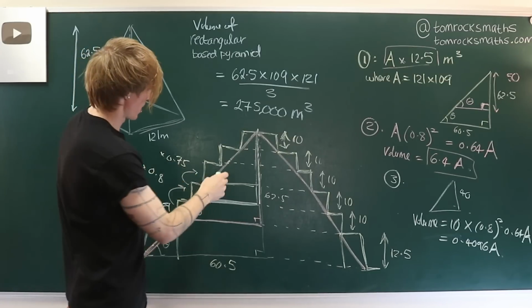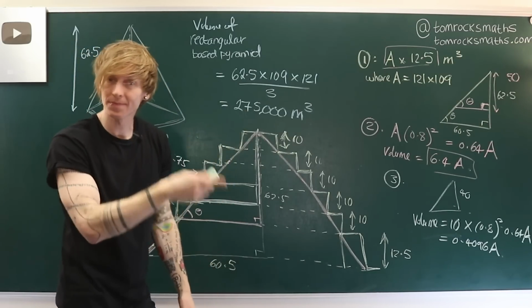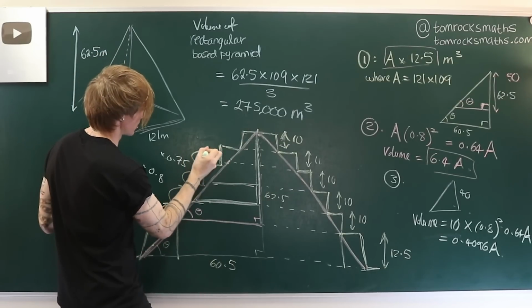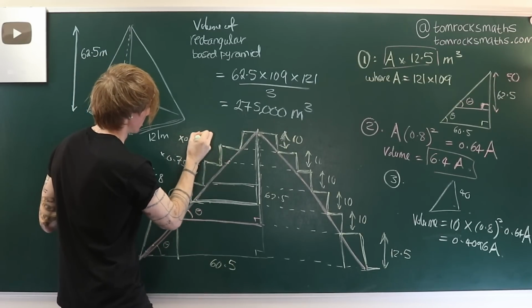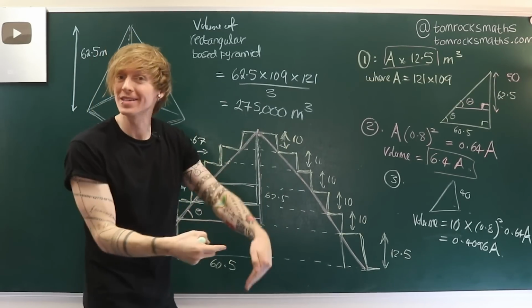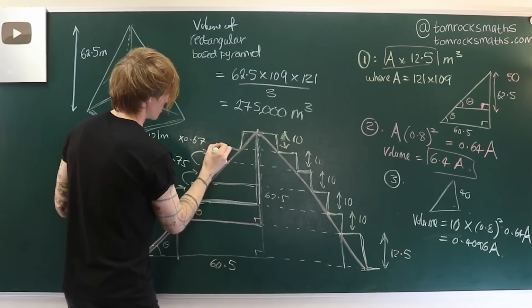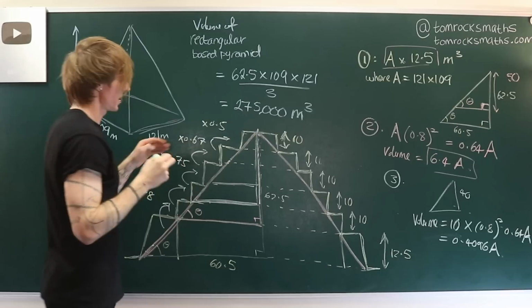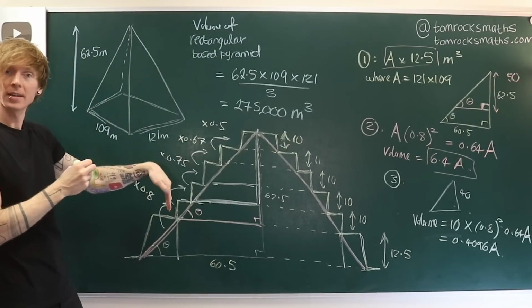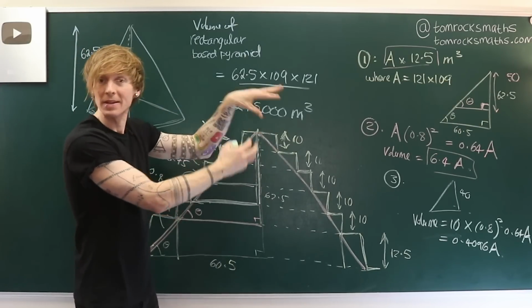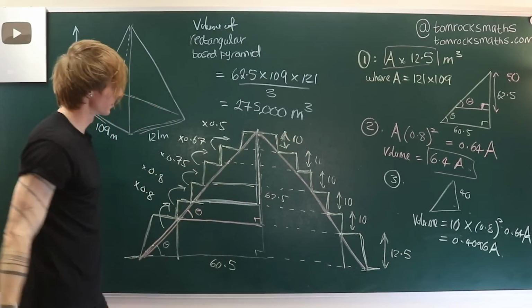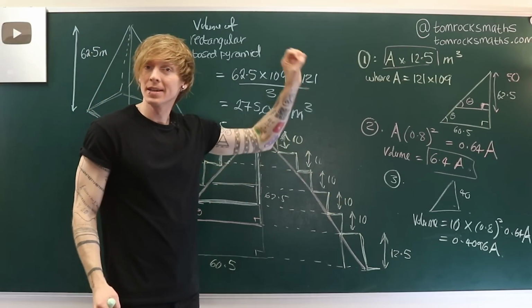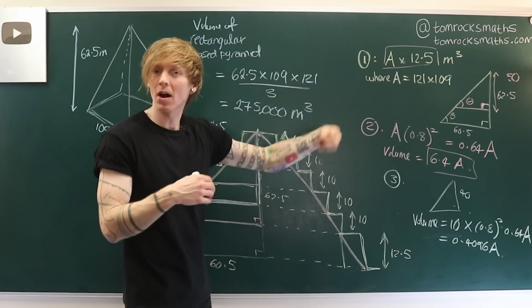Then we go from a height of 30 to a height of 20. So that's times 2/3 or times 0.67. And then finally we go from a height of 20 to a height of 10. So we're going to multiply by a half. So this is the single scale factor of how the height is being rescaled of that triangle. So we have to square that to rescale the area of the base.